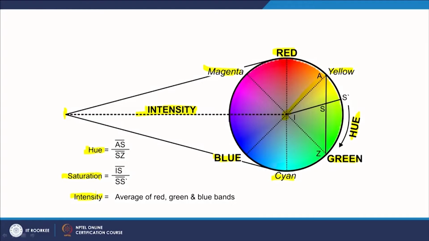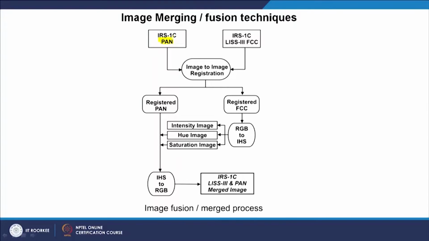Now, the example I am going to show you uses a pan image, which you can call pan sharpening or a pan image merging, image fusion technique. I have a pan image which has high spatial resolution of 5.8 meter, and I have a LISS-III FCC image which has 23.5 meter resolution.